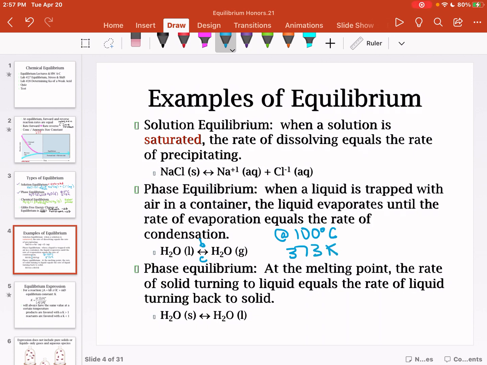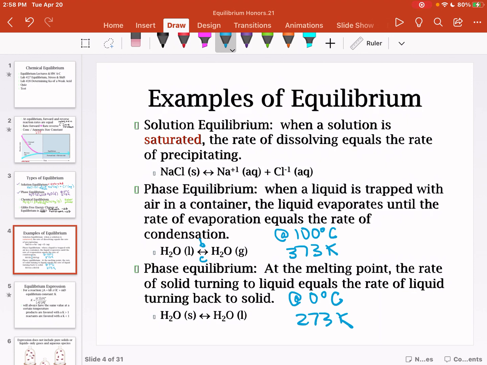I already discussed melting point earlier today. Of course, our rate of melting can equal our rate of freezing if our temperature is at 0 degrees Celsius or 273 Kelvin. So those are a solution equilibrium example and a couple of examples of phase equilibrium.